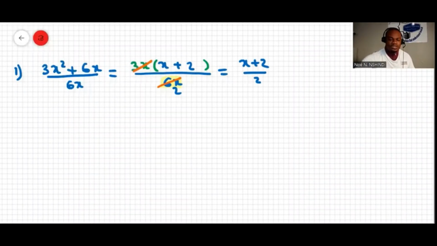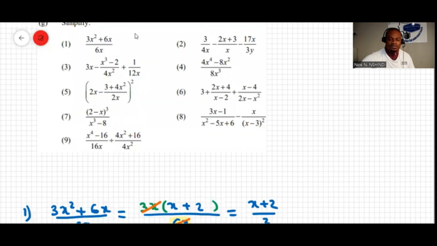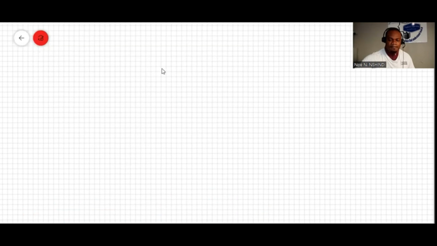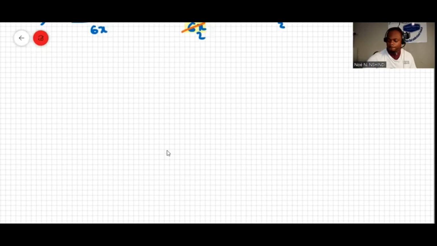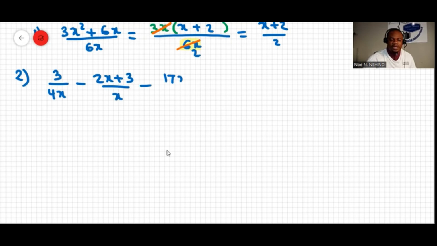The next question is question 2. As we can see there, I'm going to write the question. Question 2: we have 3 over 4x minus 2x plus 3 over x, and then minus 17x over 3y.